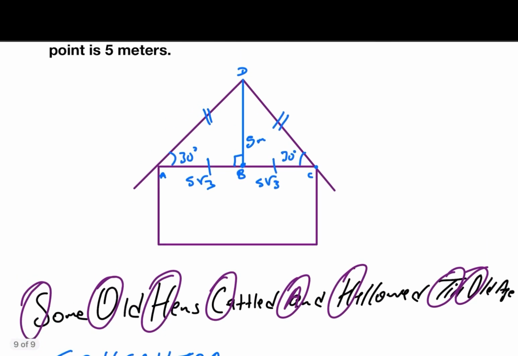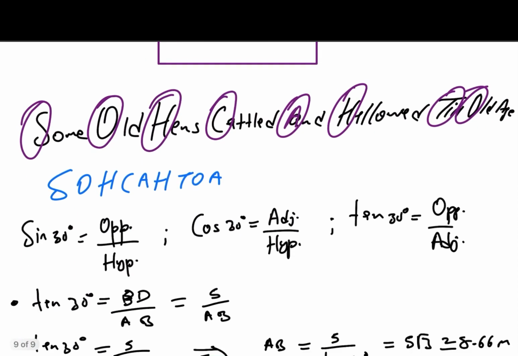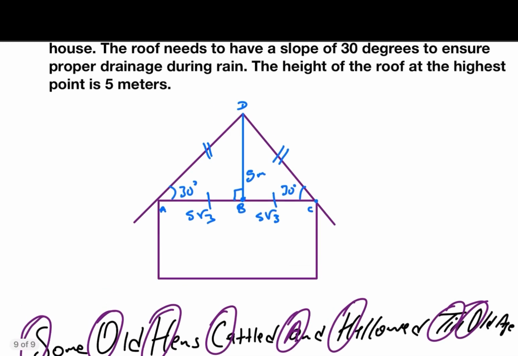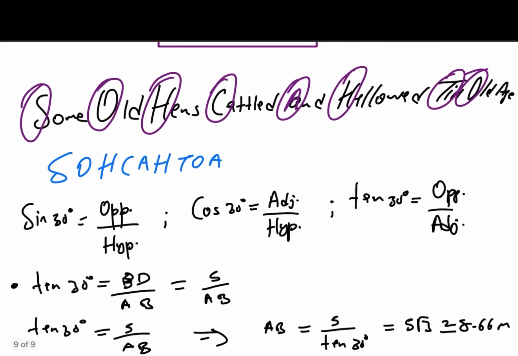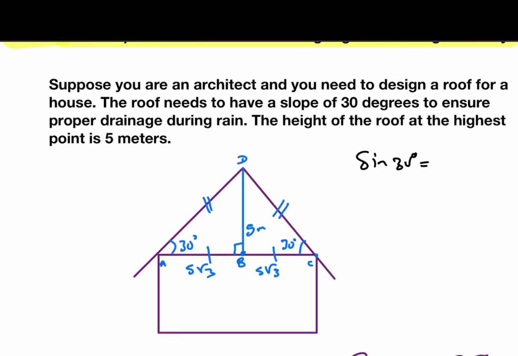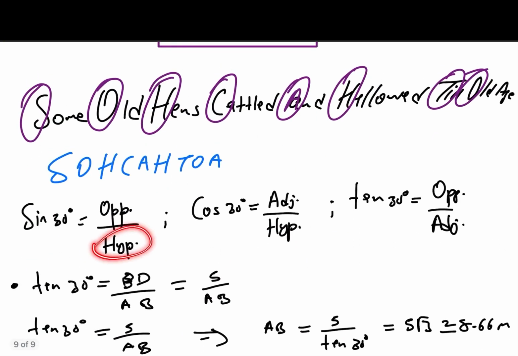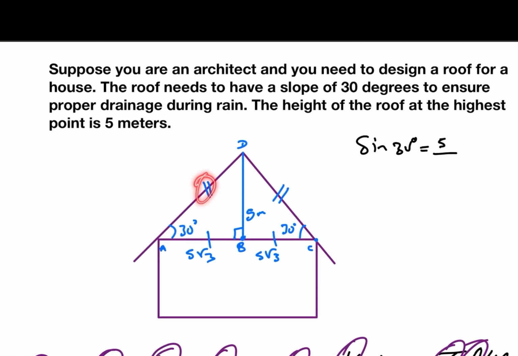So you're doing the same thing here. I'm going to use sine. Sine 30 degrees is equal to opposite over hypotenuse. The opposite side of 30 degrees is 5 meters, so 5 over the hypotenuse, which is what you're looking for, AD.